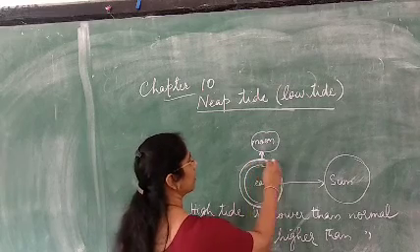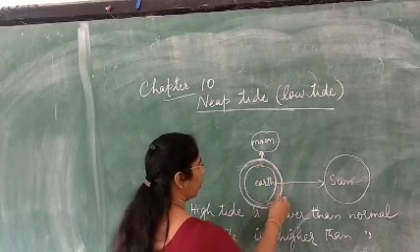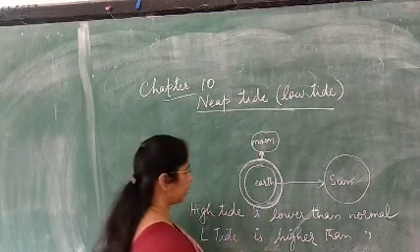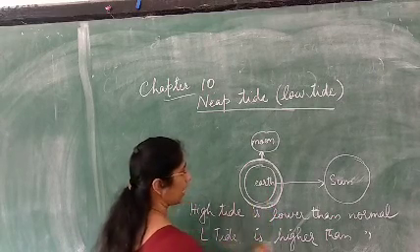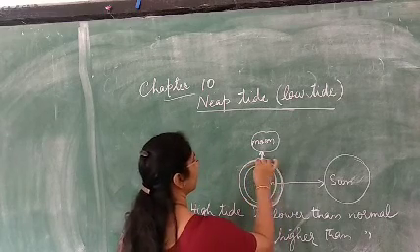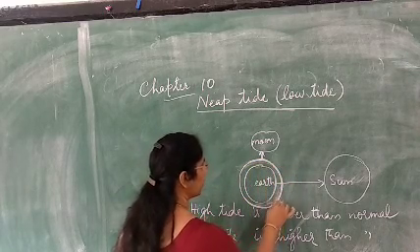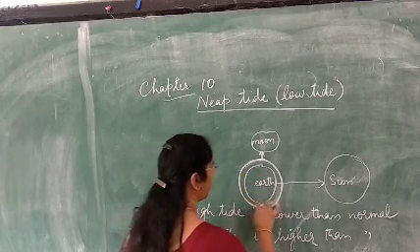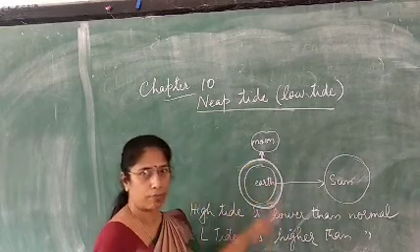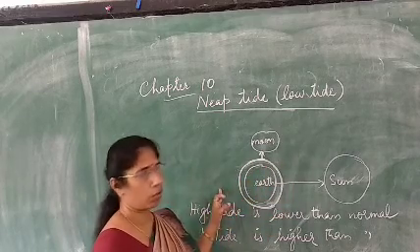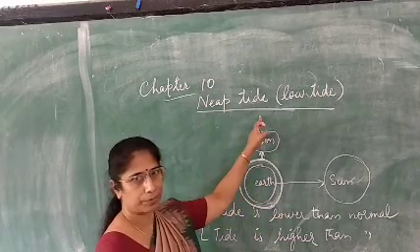High tide becomes lower than the normal high tide and low tide becomes higher than the normal low tide. That means the level of water is almost equal. This is known as neap tide.